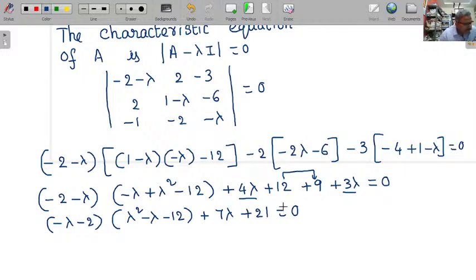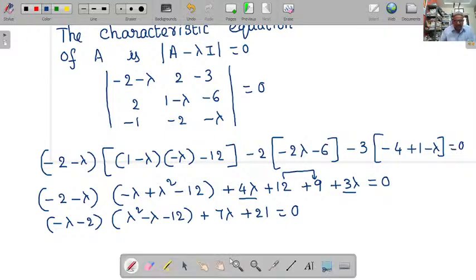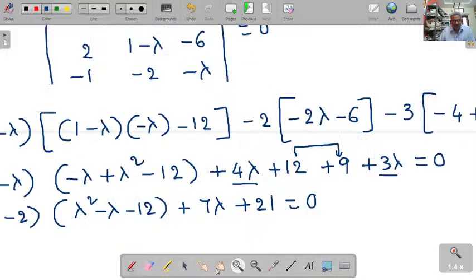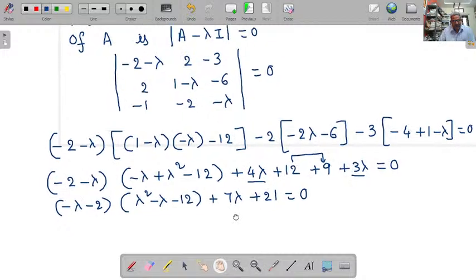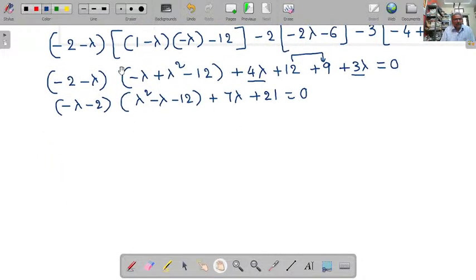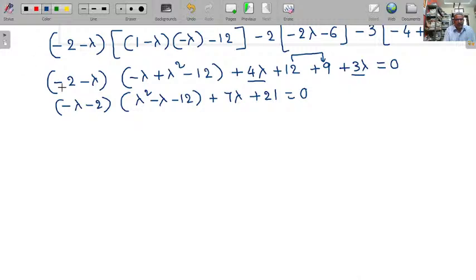So further we need to simplify this one now. You can use the calculator also while finding this.